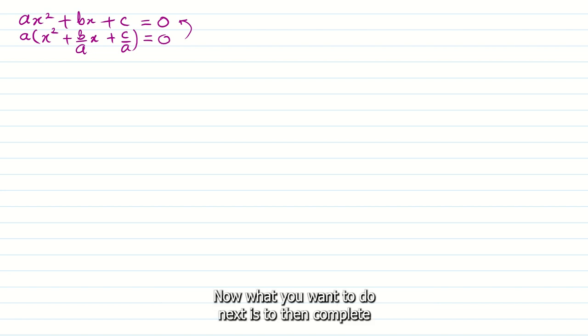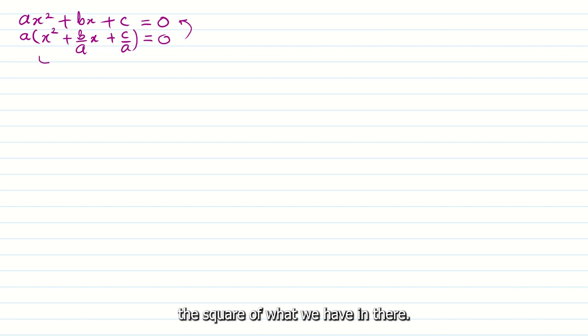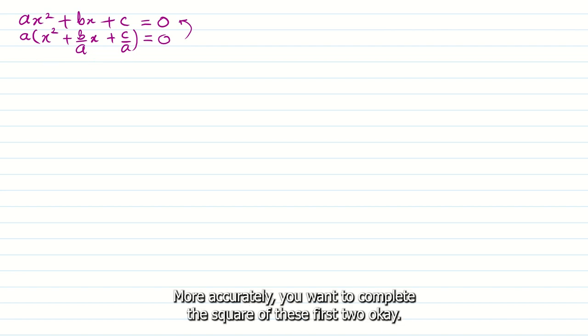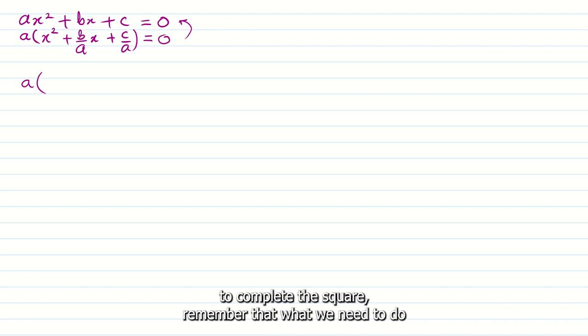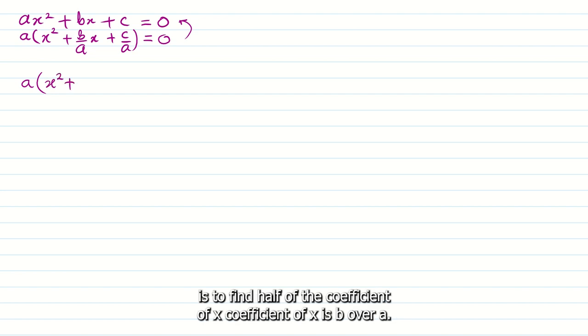Now what you want to do next is to complete the square of what we have in there. More accurately, you want to complete the square of these first two terms. So we have a into, to complete the square, remember that what we need to do is to find half of the coefficient of x. The coefficient of x is b over a.